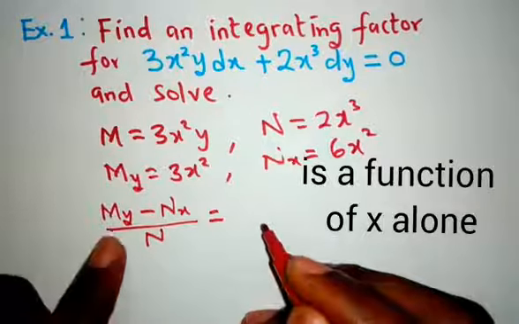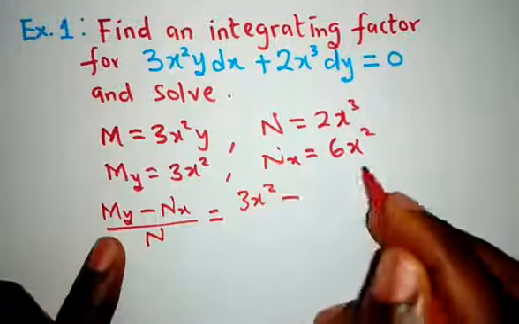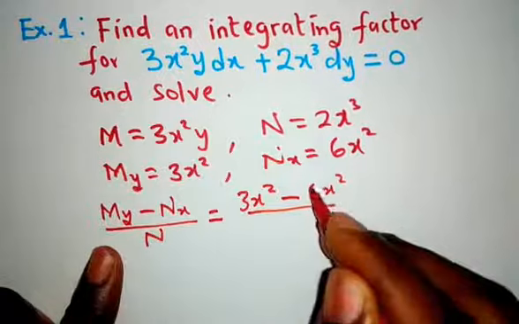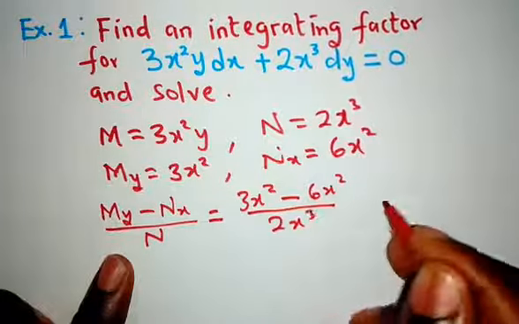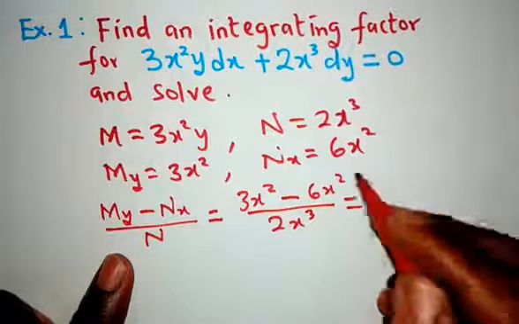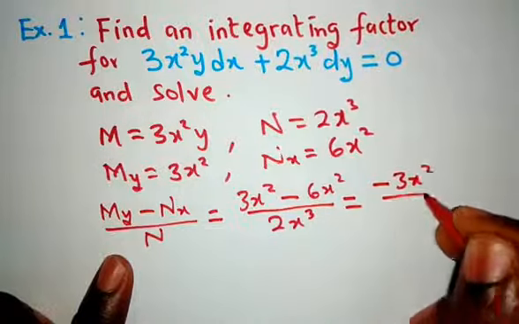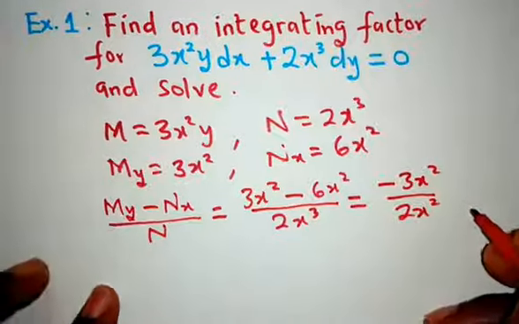So let's check that. M sub y is 3x squared, minus N sub x, which is 6x squared, over N. N is 2x cubed. And this gives minus 3x squared over 2x cubed.